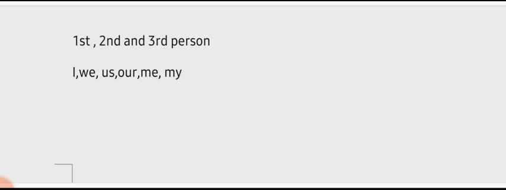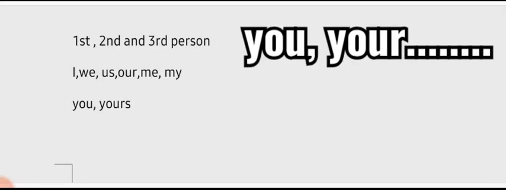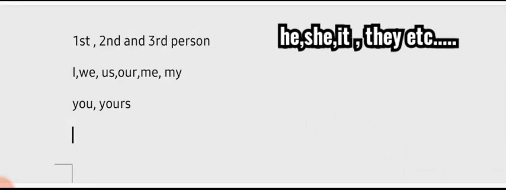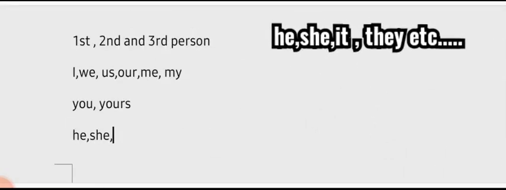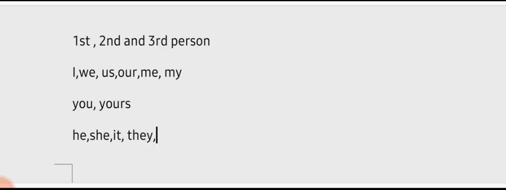Second person is the person whom the speaker is talking to, means you or yours. And the third person is the person who is not among I and you, that is he, she, it, they in this way. Okay.